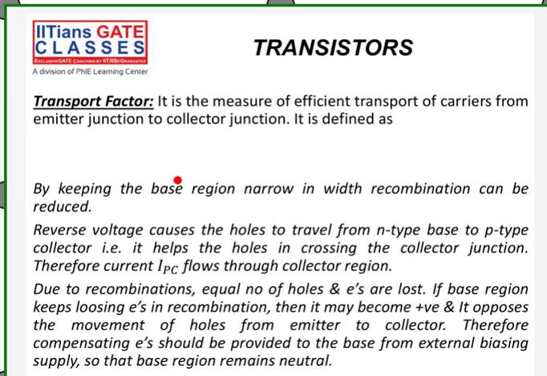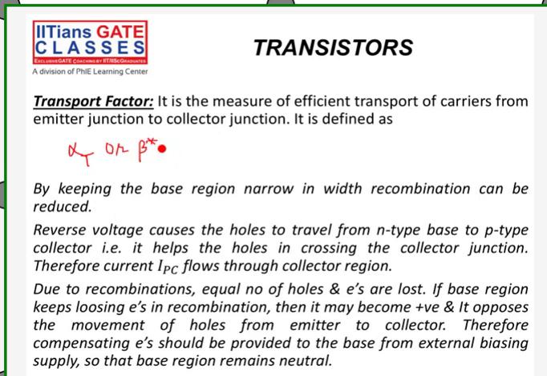It is the measure of efficient transport of carriers from the emitter junction to the collector junction. Mathematically, it is represented by alpha t, or it is also represented by beta star.